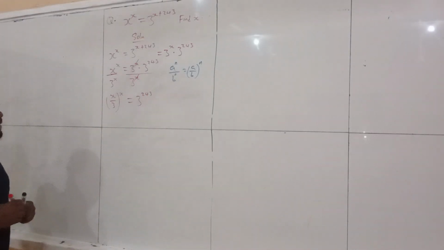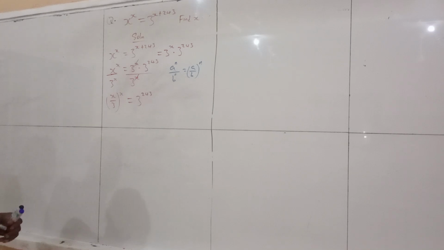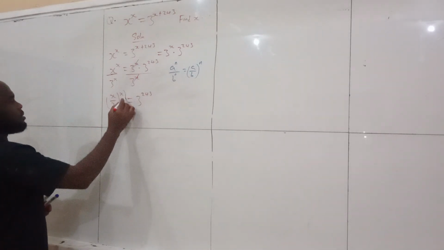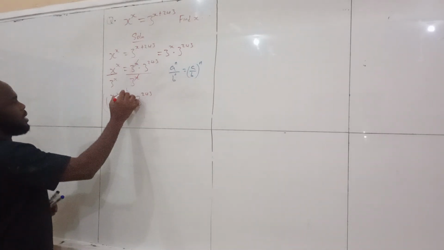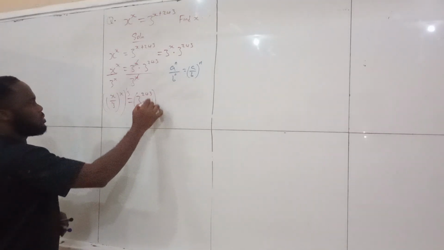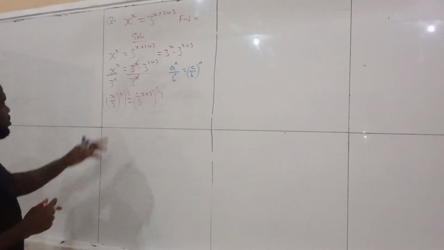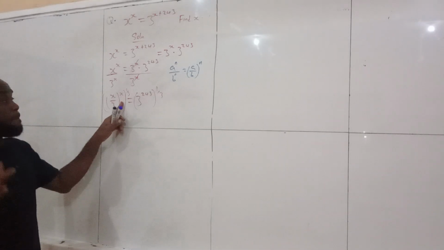So, what else can we do? Because we are just trying to express both sides to have common bases or common powers. Let us raise both sides by 1 over 3 and see what we're going to have. So when we do that, we have transformed this using the powers law.